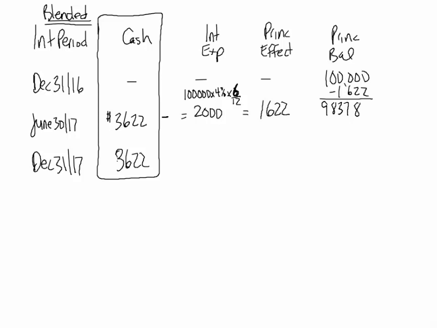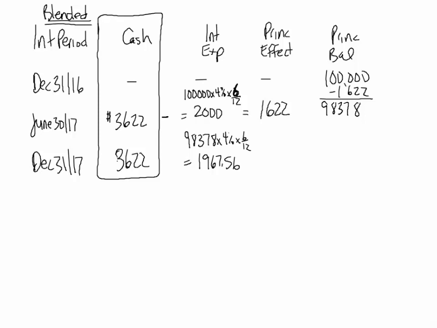What's going to happen this time for my interest expense? It's going to be $98,378 multiplied times 4% multiplied times 6/12. That is going to be equal to $1,967.56.